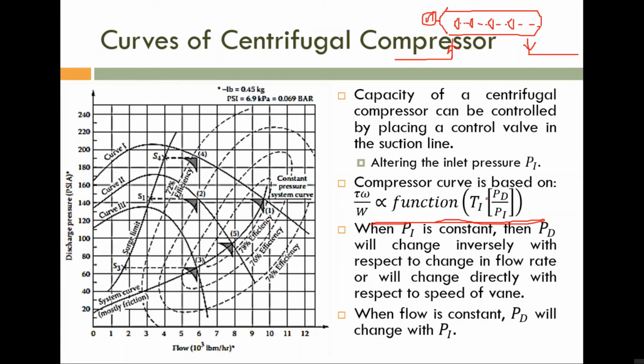Ti is the temperature of the inlet line, the suction line, that is the temperature of the fluid. PD is the discharge pressure. Then Pi is the suction pressure or inlet pressure. These are the parameters.